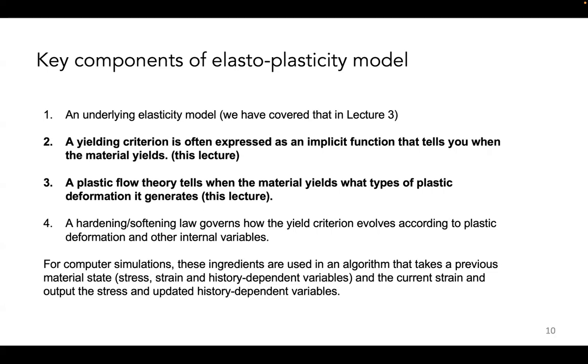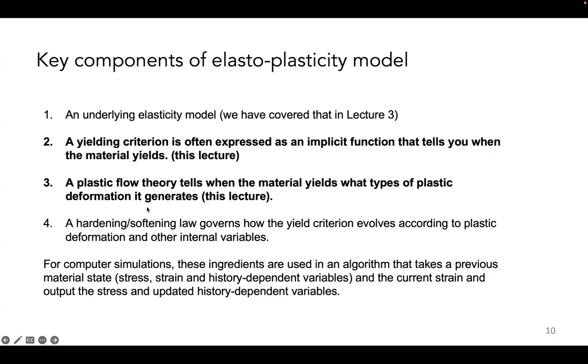That is equal to the total strain minus the plastic strain. The underlying assumption is that the elastic strain and the plastic strain partition the total strain. So the more plastic strain you have, the less stress you have, if the elasticity model is stable.